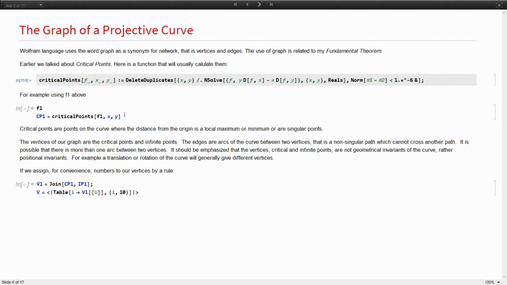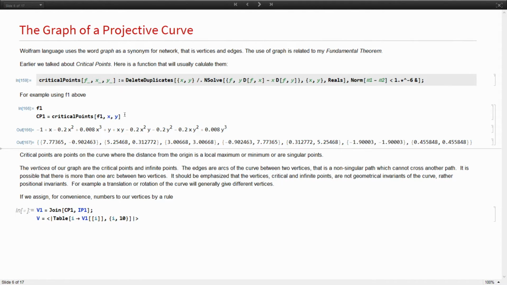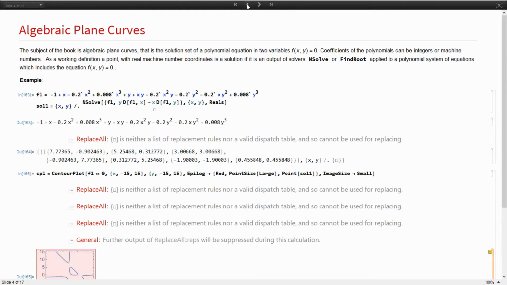So, let's try this here. There we go. Here I have the so-called critical points. And I need the infinite points. That was back 2 pages ago.